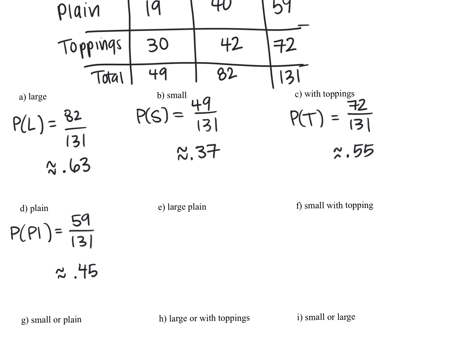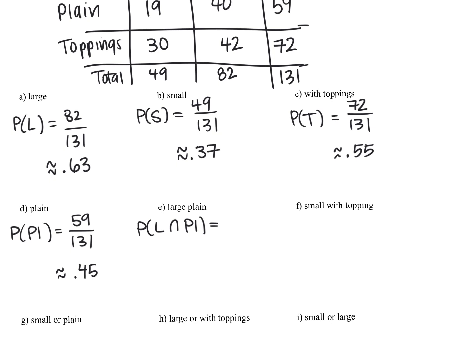Okay, so far we've done just single probabilities, which has just been the totals from a row or a column. Now we're going to do some combinations. So for E, I want the probability I get a large plain pizza. So that's the probability of large and plain. So I'm looking for the overlap in the table.